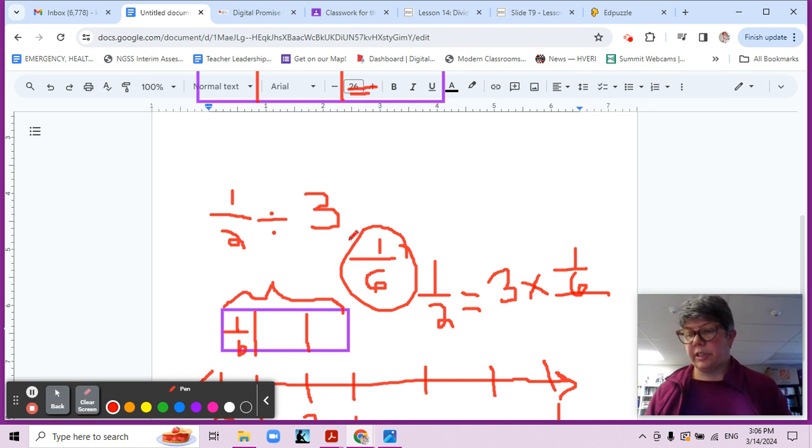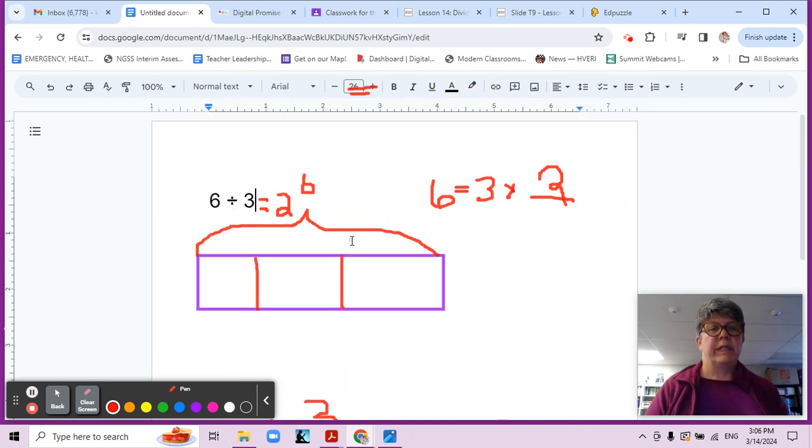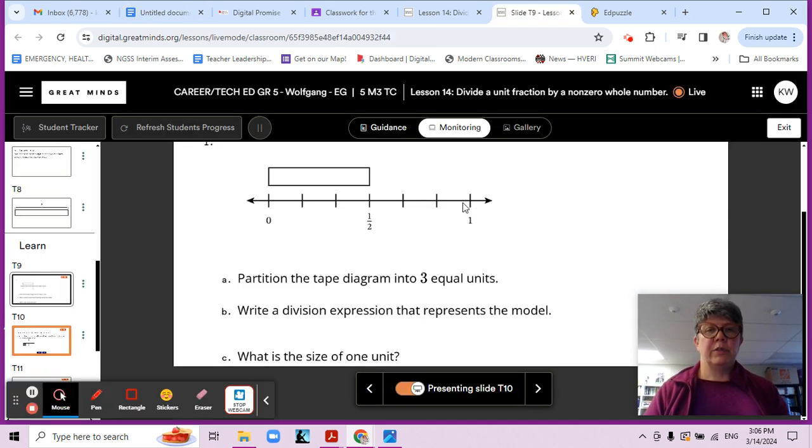Asking the question, blank is blank groups of what? 1/2 is 3 groups of what? 6 is 3 groups of what?